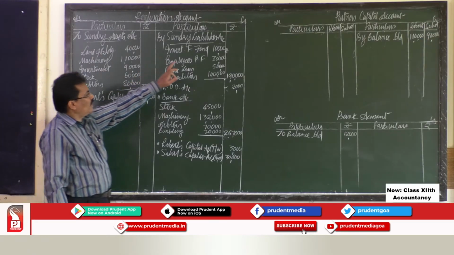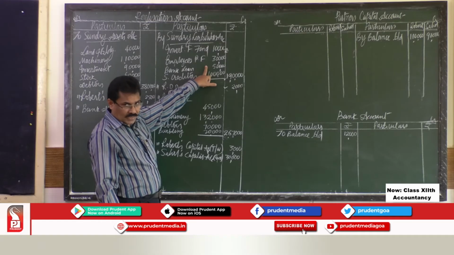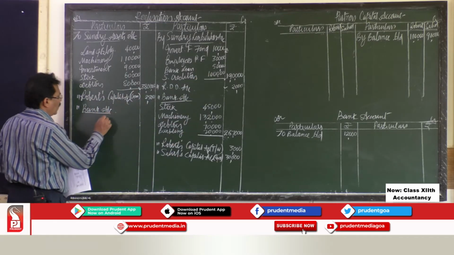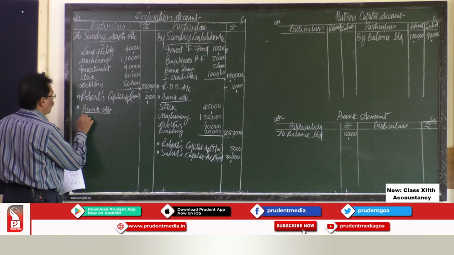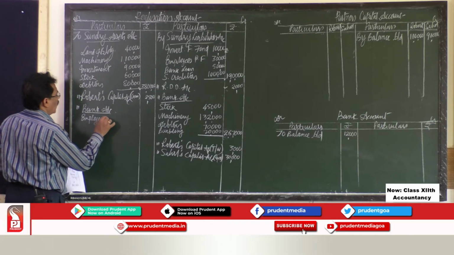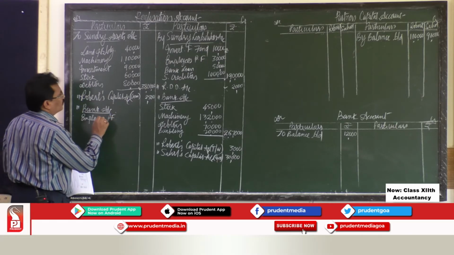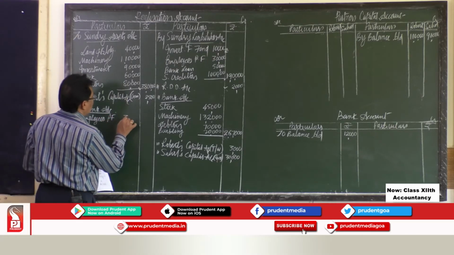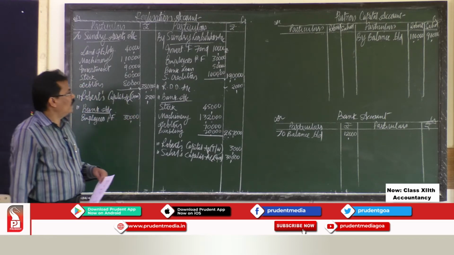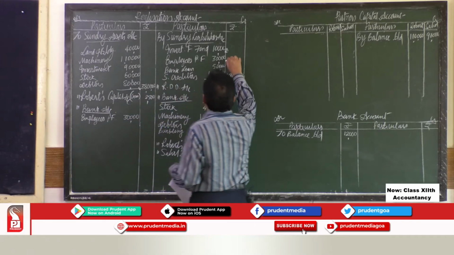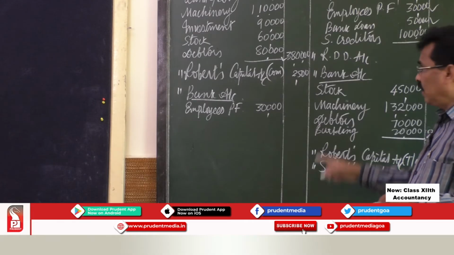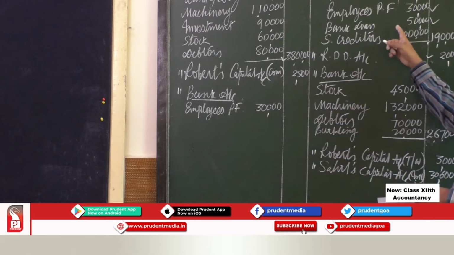Even though no information is given in the problem about this 30,000, you have to assume that those liabilities are paid in full. So the employees' provident fund is rupees 30,000. This you have to settle. This bank loan is also settled. Since they took the building, you need not pay them.